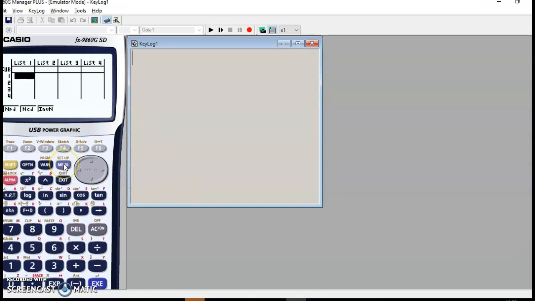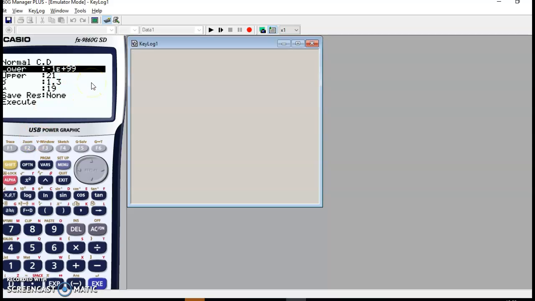So we set up a cumulative normal distribution. Our lower bound needs to be not 0, but a very negative number. So this is -1 multiplied with 10 to the power of 99.